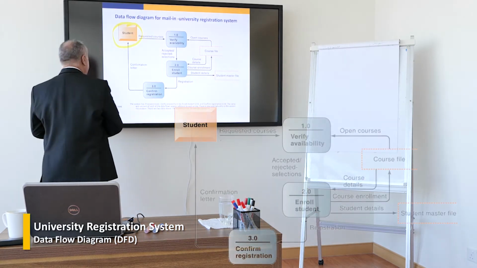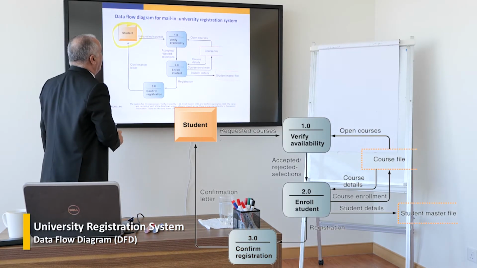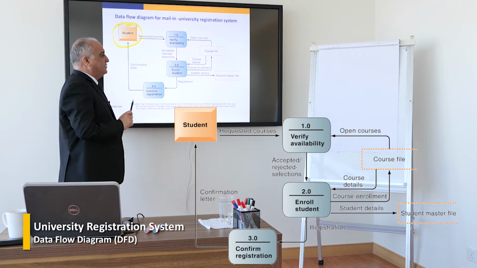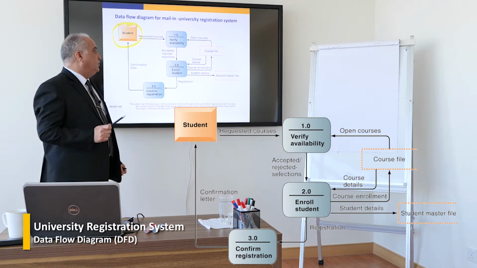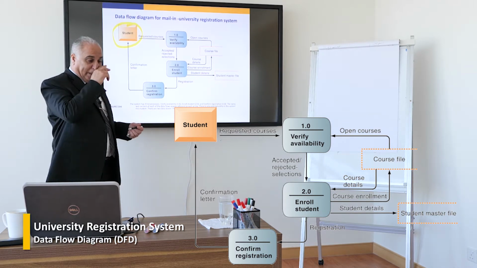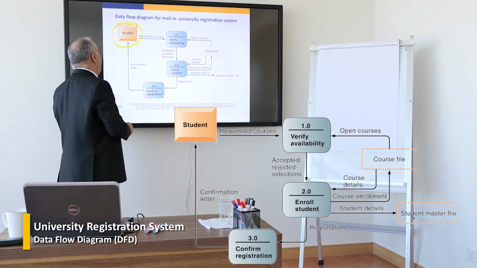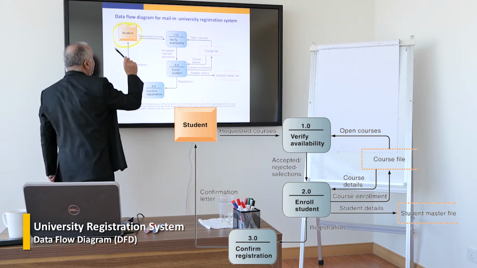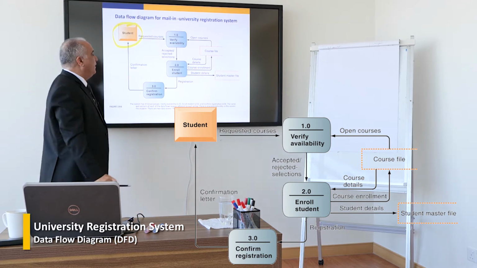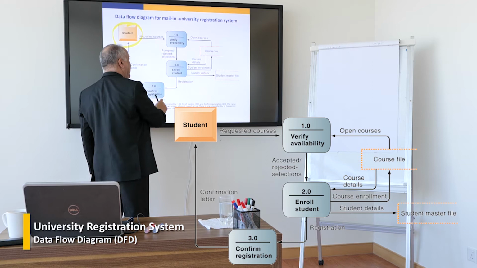This is a data flow diagram for a student requesting to enroll in a course. First of all, we need to understand this data flow diagram. The external entity is a student. We have 3 processes.